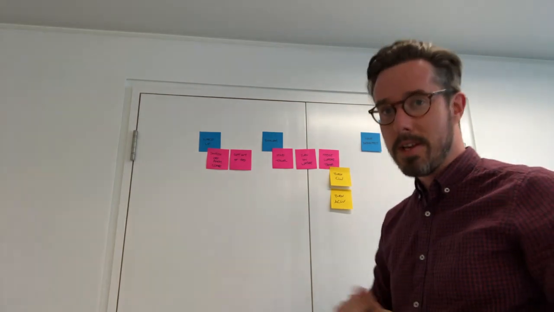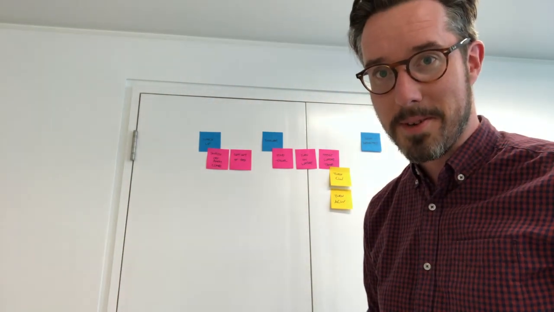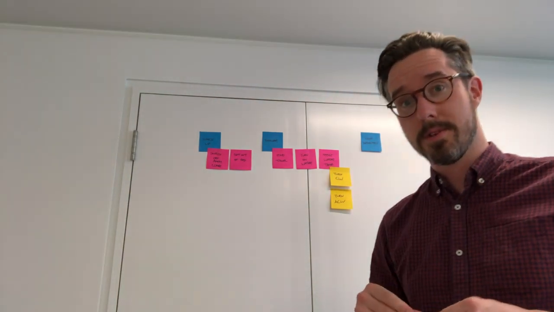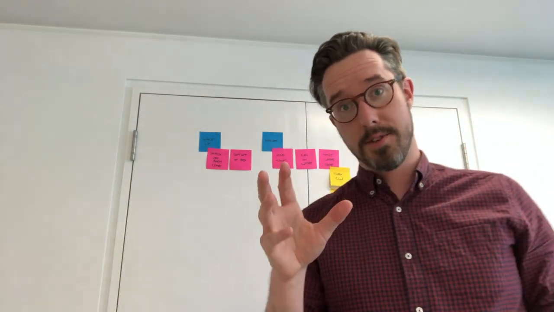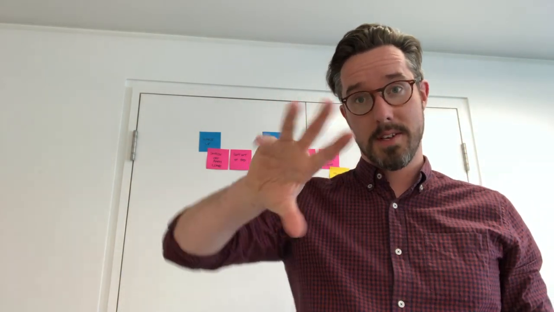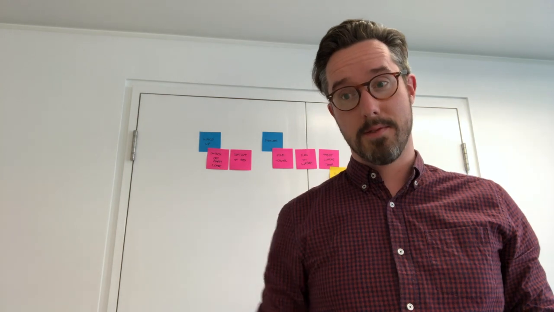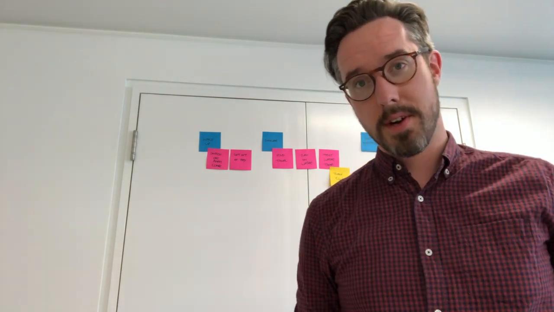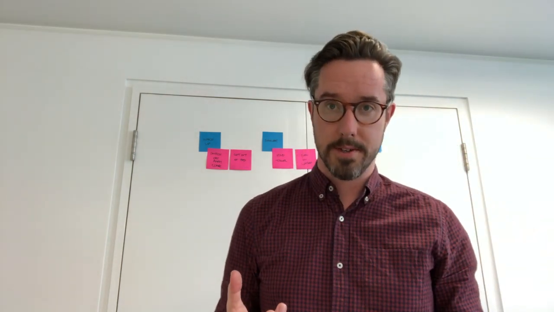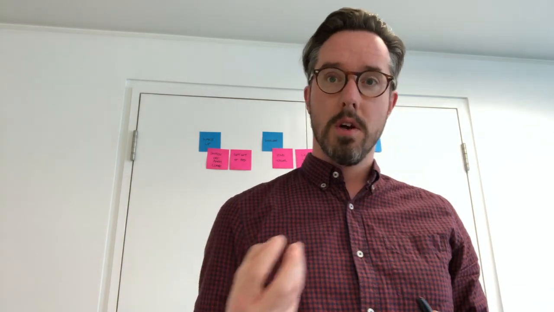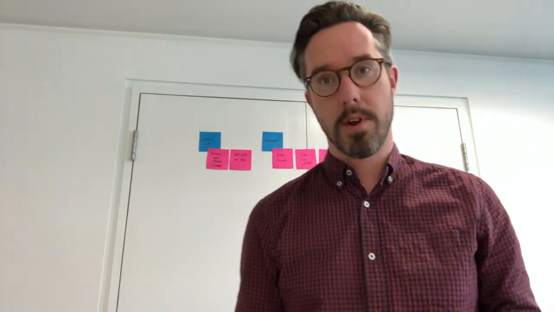Now, you're going to stop because I've deliberately done something that's a little bit off. I've described a solution here. I've assumed that there's a dial and I've described myself turning it to the left or to the right. Now, the key thing about writing user stories is we don't solutionize. We don't describe a feature or a component, a product.